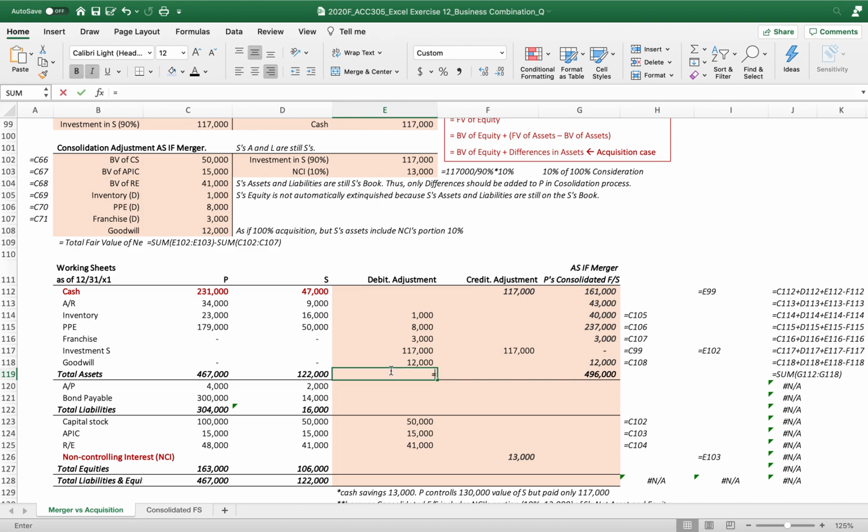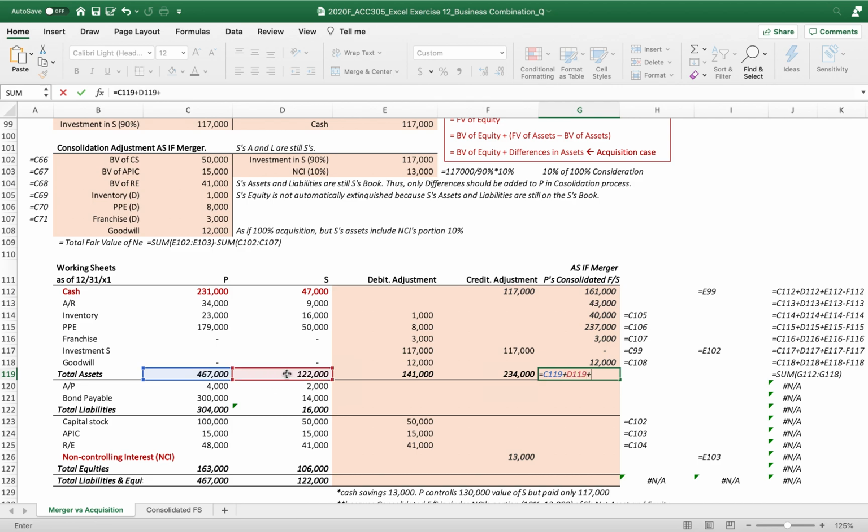So let me just make sure that we got the right answer. So the sum of these two and plus, okay, it should be the same. One more time. Asset plus adjustment, asset increased and decreased. Okay, we have the same result anyway.